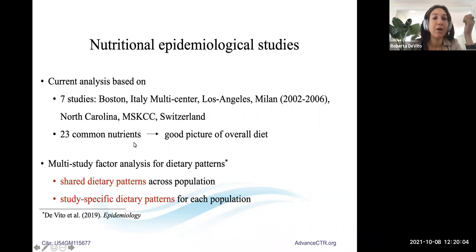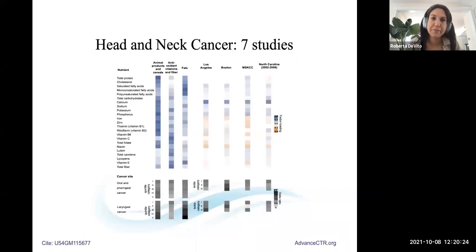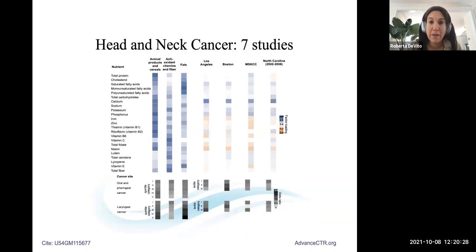And I have 23 nutrients that provide a good picture of the overall diet. What my collaborator wants is to understand if these populations share some dietary patterns and if they also have some extra study-specific patterns for each population. And again, I arrived at this heat map.